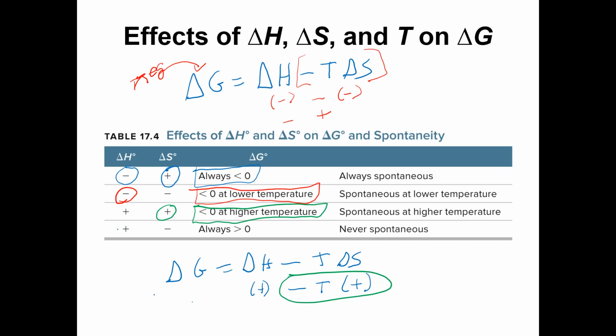So if delta H is positive and delta S is negative, then delta G is going to be greater than 0, which means that situation can never be spontaneous. So if you're unsure, if you're given delta H and delta S, you can plug those in and calculate delta G, because delta G is what's going to tell us overall if the reaction is spontaneous or not.